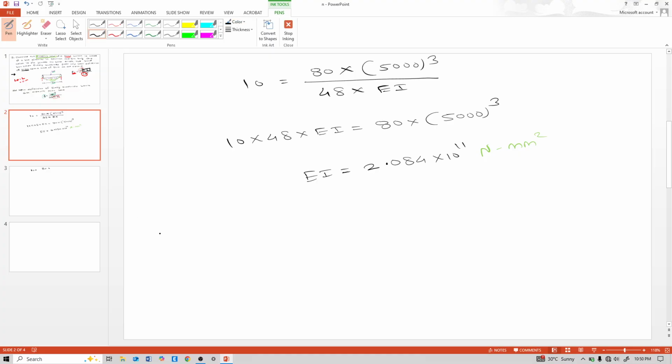So this PC is equal to pi square into EI, which is 2.084 into 10 raised to 11. LE square is 5000 square.